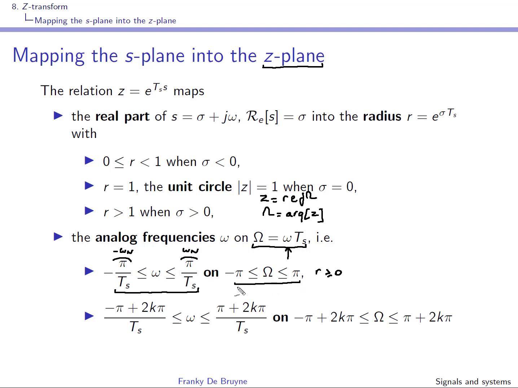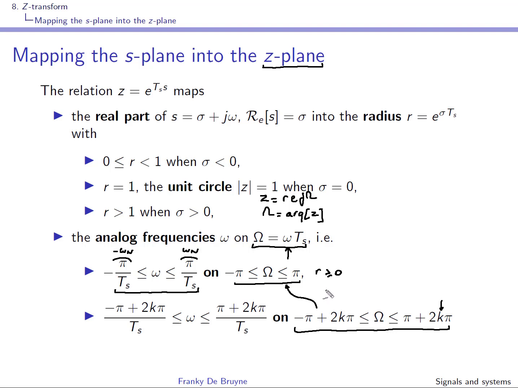What we can do right now is consider an equivalent interval that is given over here, that is shifted by 2k pi, where k is an integer. You can see that this interval is equivalent to the interval that we have considered before, in the sense that we'll again generate the whole complete z-plane.